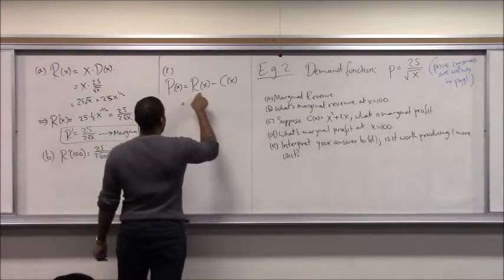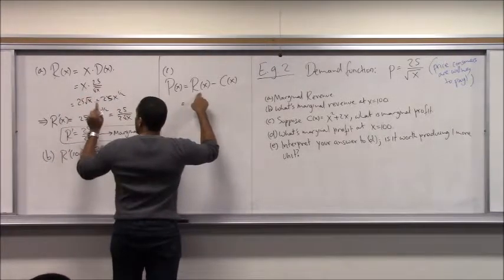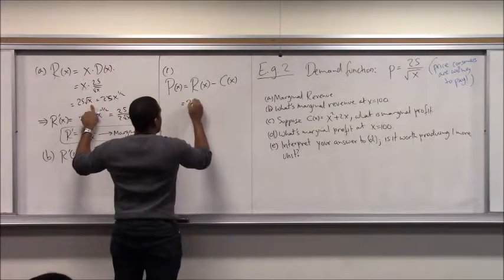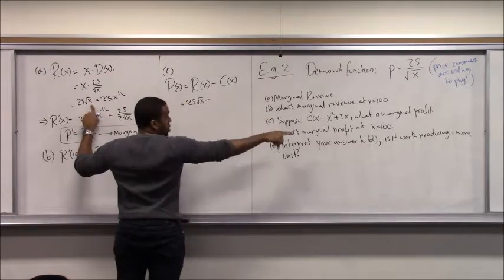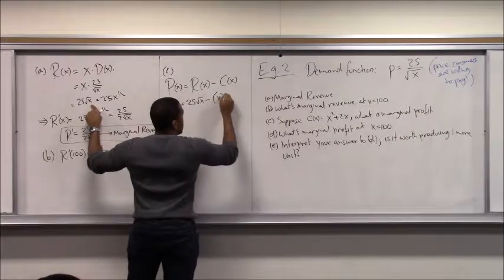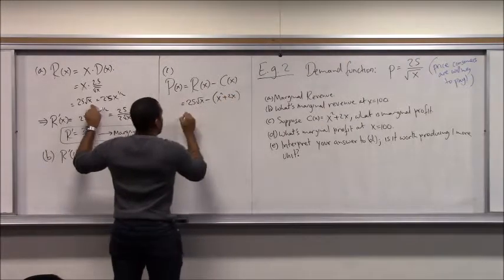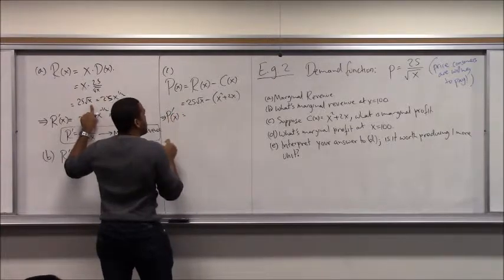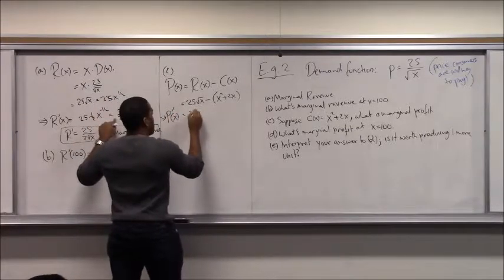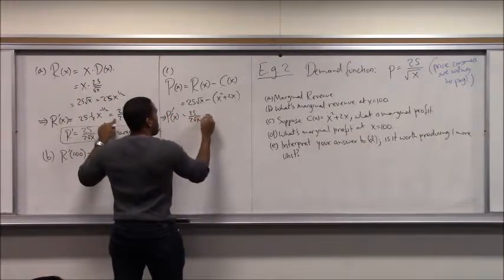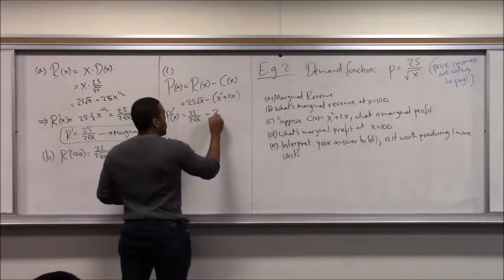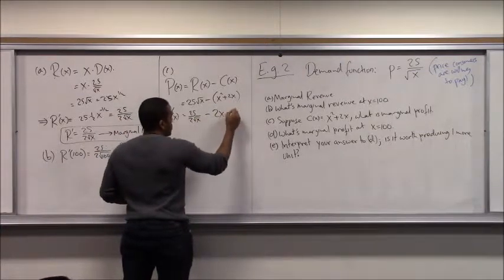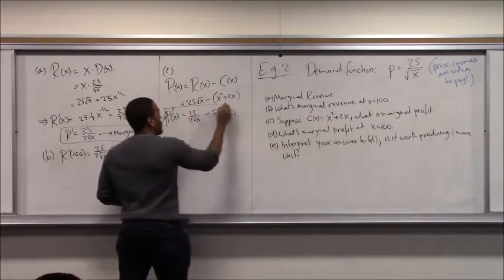So this will be the revenue, which is 25 radical x, minus the cost function, x squared plus 2x. And so if I want to find the marginal profit, I just want to differentiate this. The derivative of this we already found, that's 25 over 2 radical x, minus the derivative of this is 2x, the derivative of this is 2. So that is the marginal profit function.